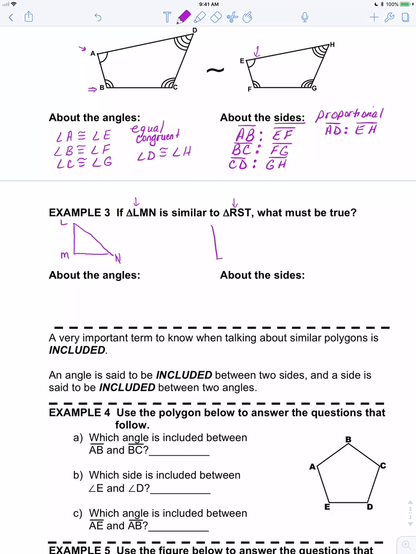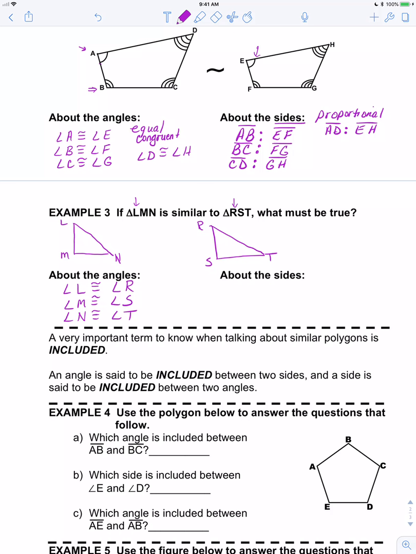And then just make sure when I draw RST, I put those letters in the same order that I put the LMN. So again, our angles here, angle L is congruent to angle R, angle M is congruent to angle S, angle N is congruent to angle T.